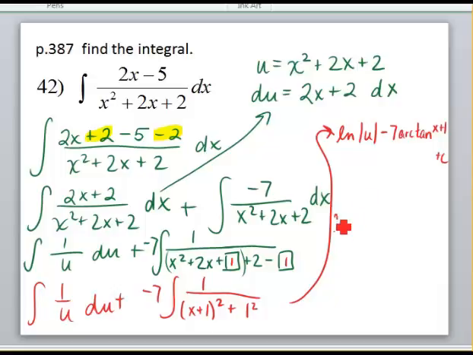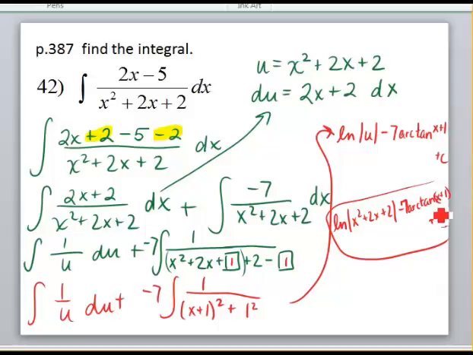So my final answer is going to be ln of absolute value of x squared plus 2x plus 2 minus 7 arctangent of x plus 1 plus c. And I didn't really squeeze that in very well. Go back and look at the integral of arctangent. You should be able to see that much more clearly.